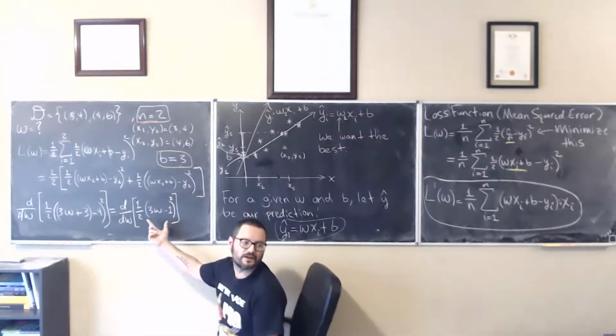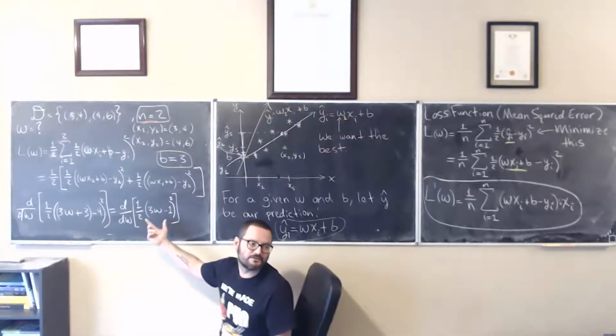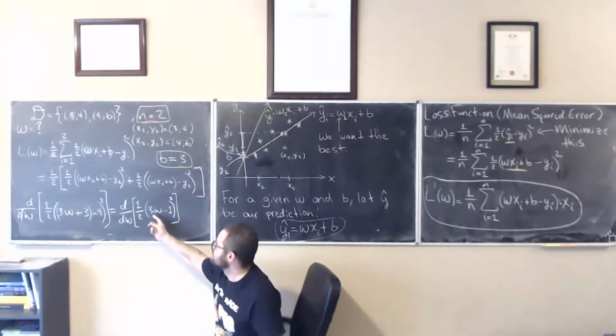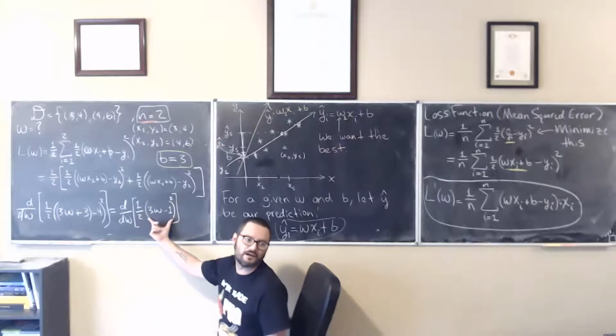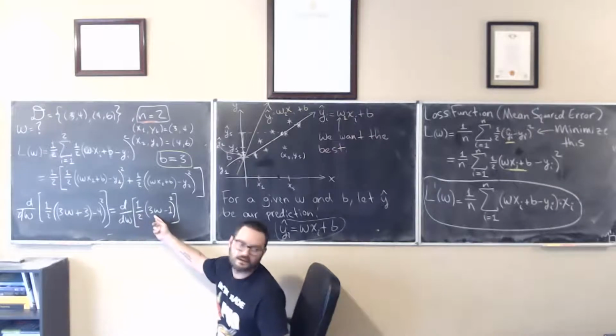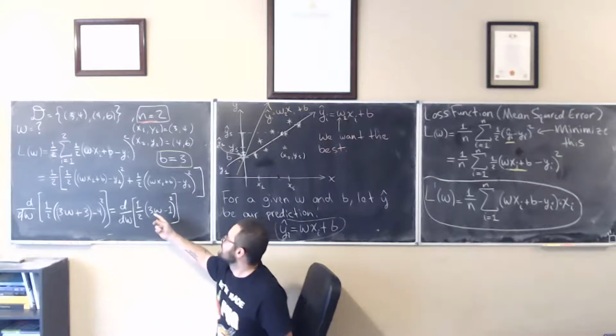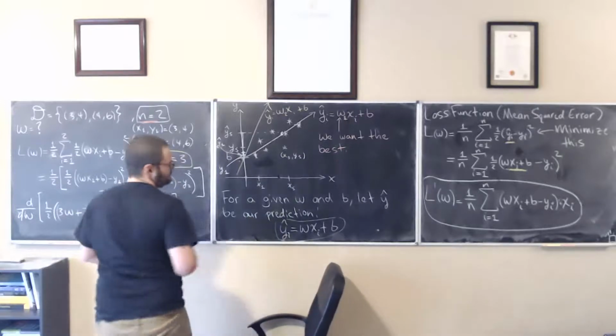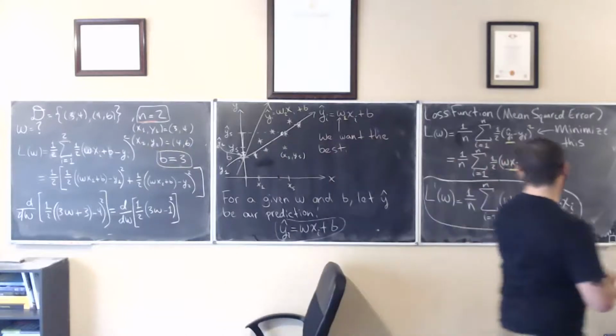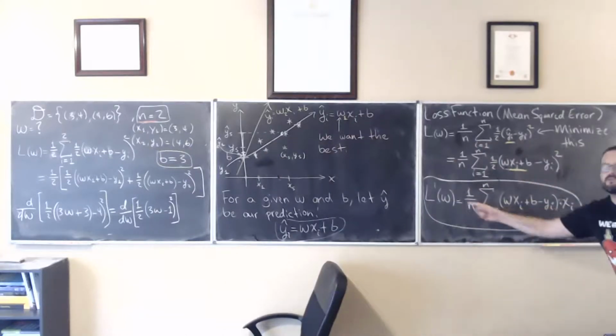So what's the derivative of that with respect to w? Well, it's 1/2 times 2 times that, times the derivative of the inside, which is just 3, right? And if you look at this formula here, this is the derivative.